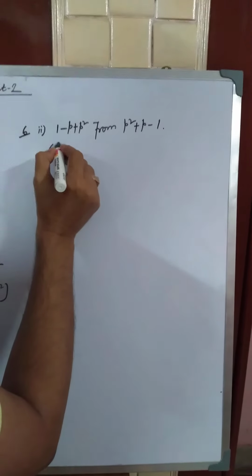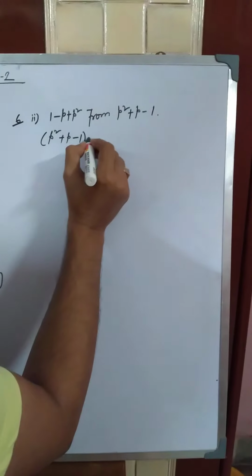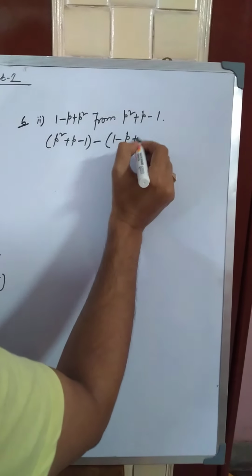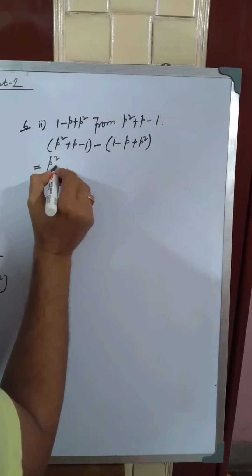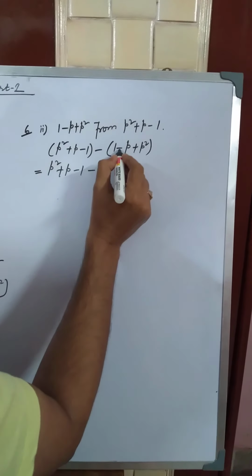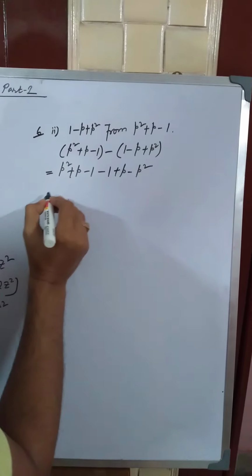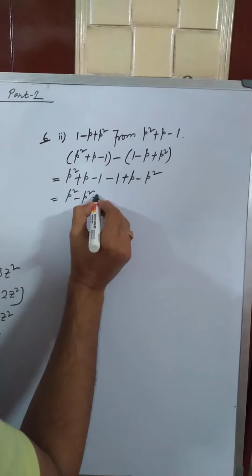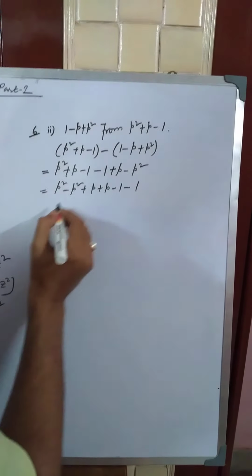Within the bracket, p square plus p minus 1 minus, within bracket, 1 minus p plus p square. Remove the bracket, p square plus p minus 1. Now minus 1, here minus, so plus; here plus, so that should be minus. Now arrange the like terms, p square minus p square plus p minus 1 minus 1.